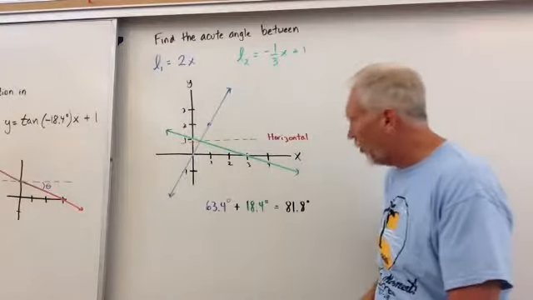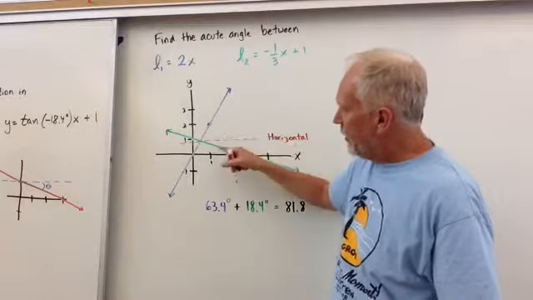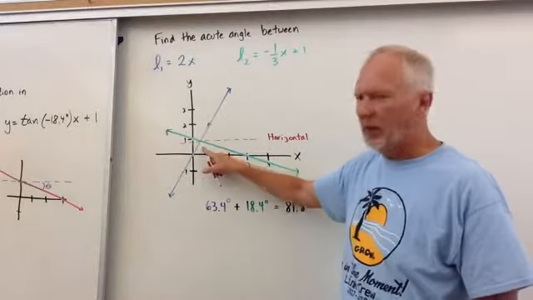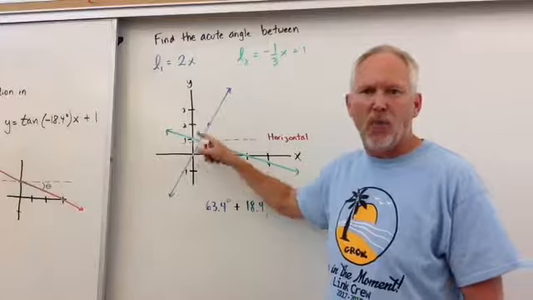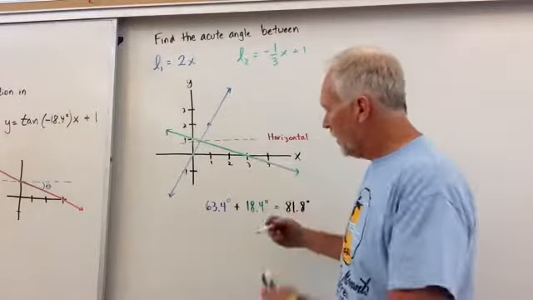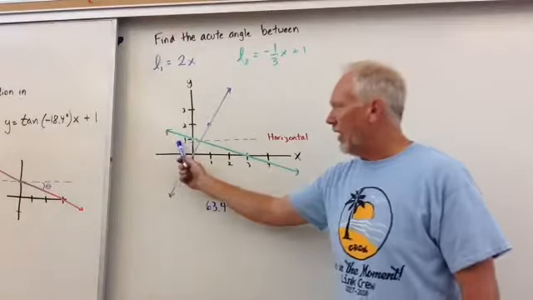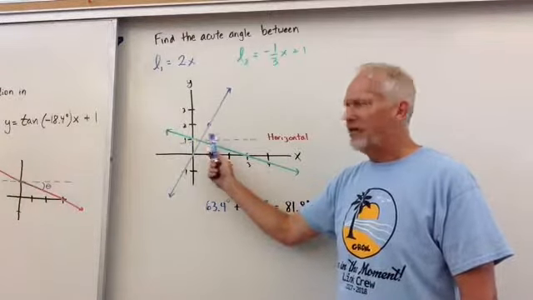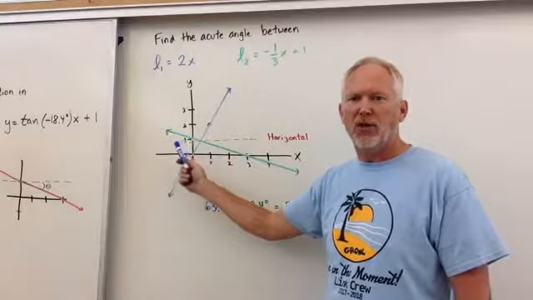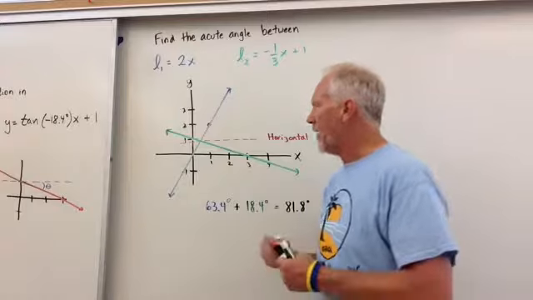Now what we're looking for is the acute angle. It could be here, it could be here. What we have to do is find one of them and see if that works. What I like to do is use where they intersect, though otherwise you can take the angle from any point.